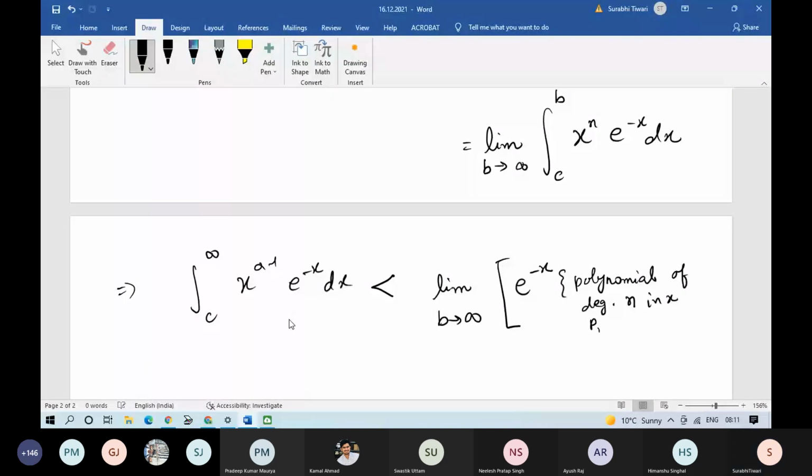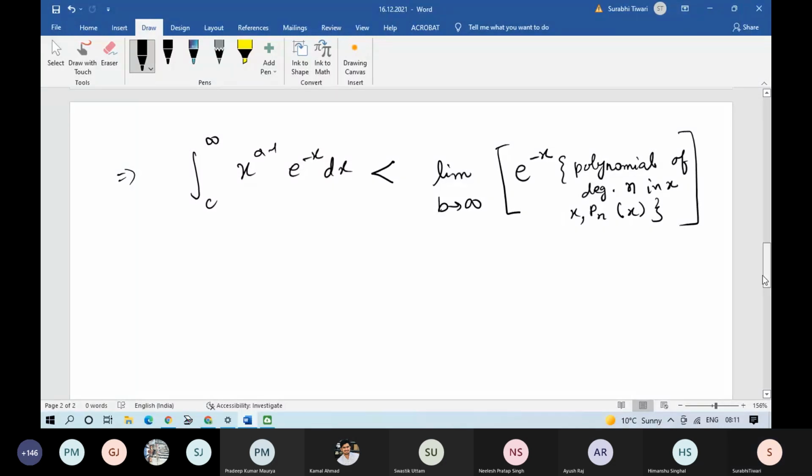Suppose this is Pn(x). So we are taking the limit of, after you integrate, something of this type, e raised to the power of minus x into some polynomial of degree n in x.